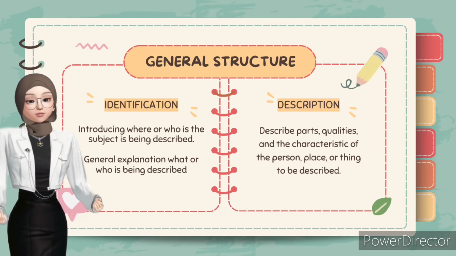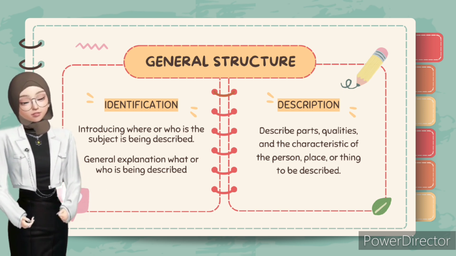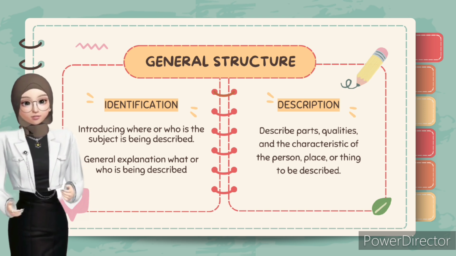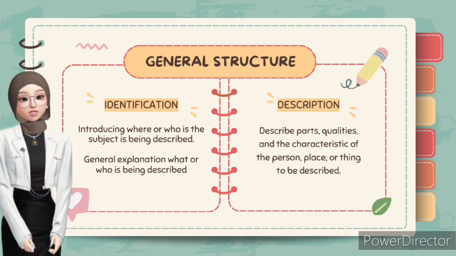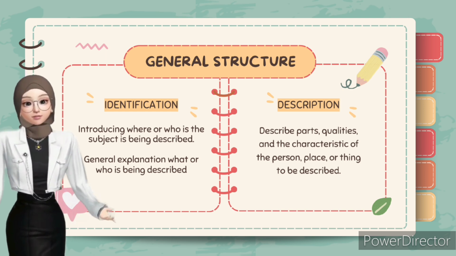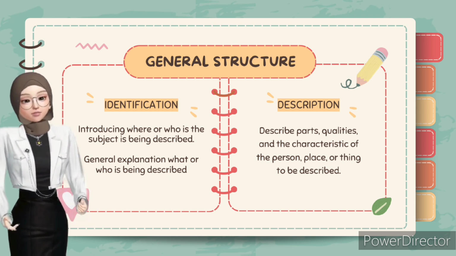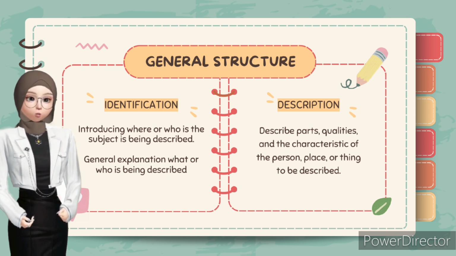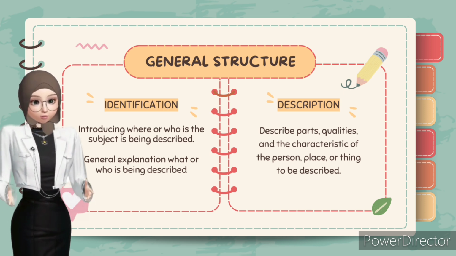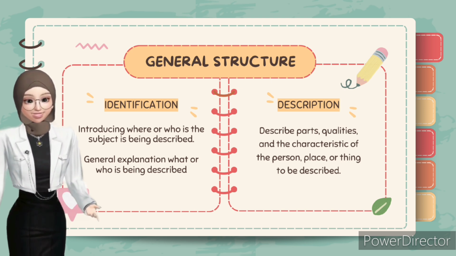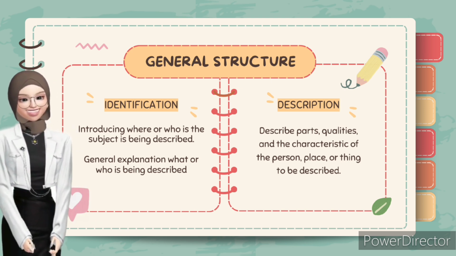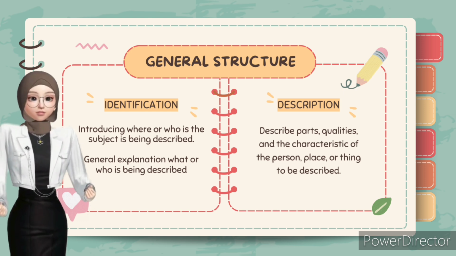Now we're going to the next slide. Every text has its general structure, okay? And general structure consists of 2 parts. The first one is identification, which is introducing where or who the subject being described is.